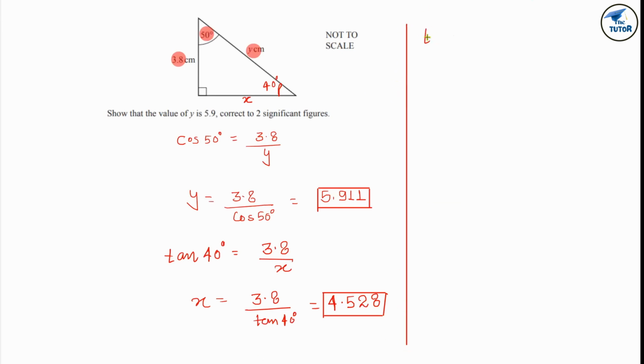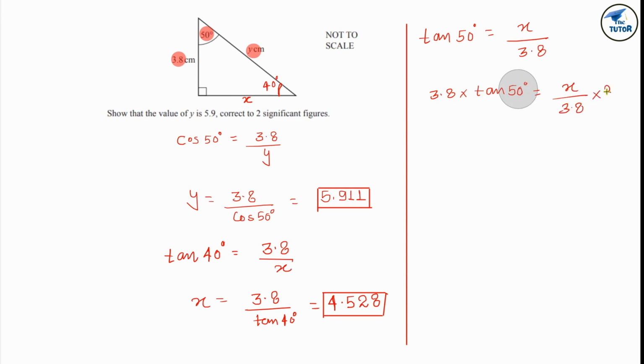Tan 50 with respect to angle 50 degrees, I have opposite as x over adjacent as 3.8, right? What I will do, I'll multiply 3.8 on both sides. So tan 50 times 3.8 is equal to x. Tan 50 is 1 point something.